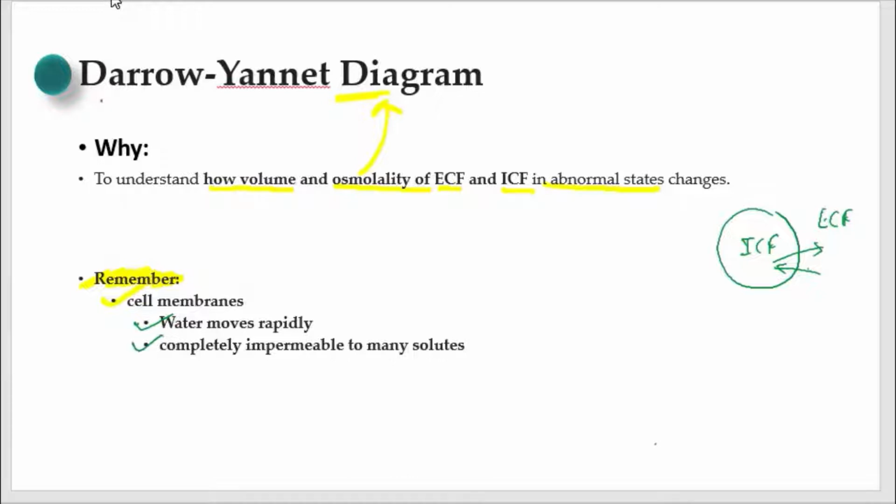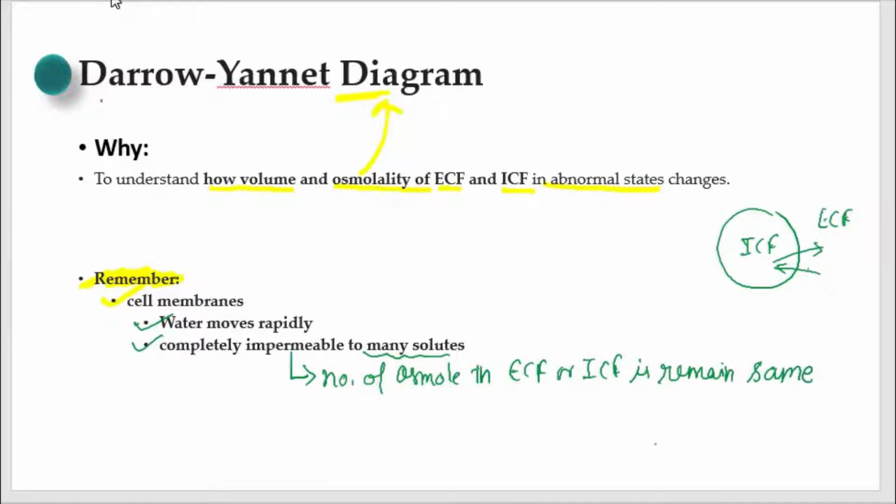The second is that the cell membrane is impermeable to many solutes. What does it mean? It means we can consider that the number of osmoles in the ECF or the ICF remains the same until solute is lost or gained by the ECF, because the cell membrane is not permeable to the solute.